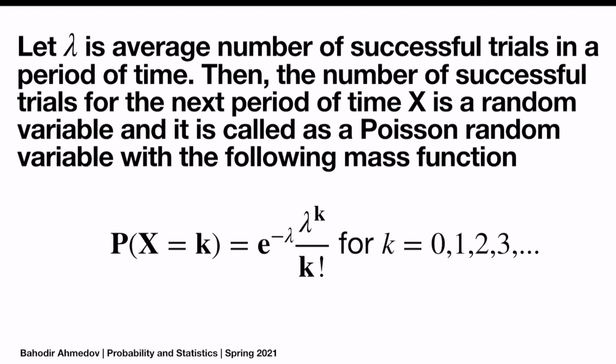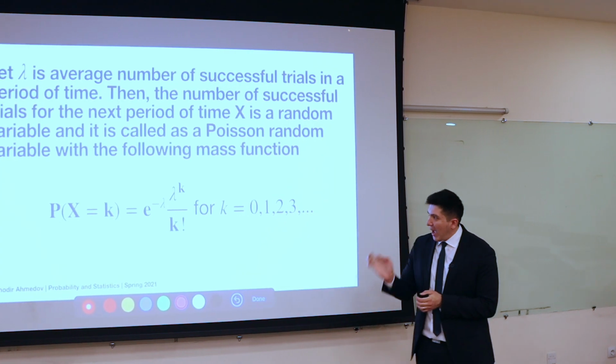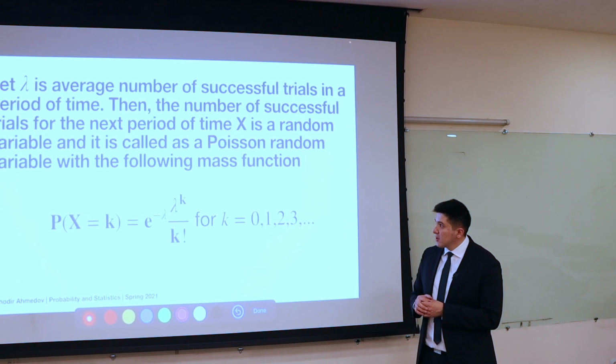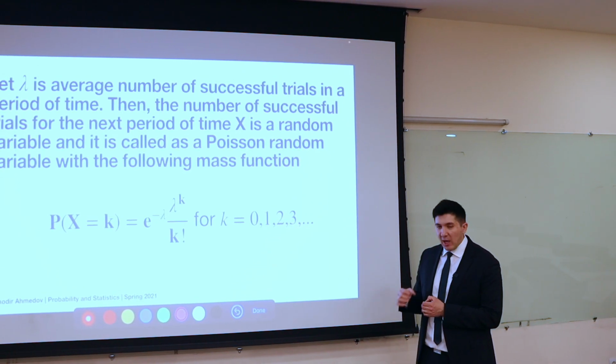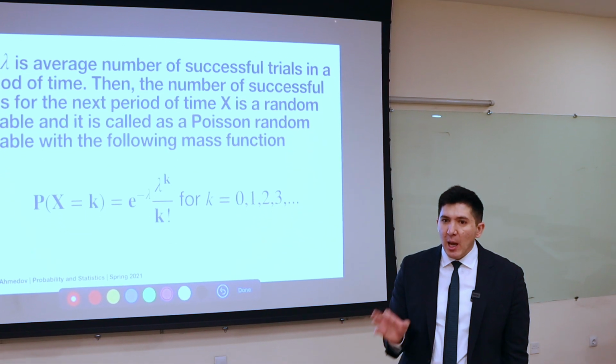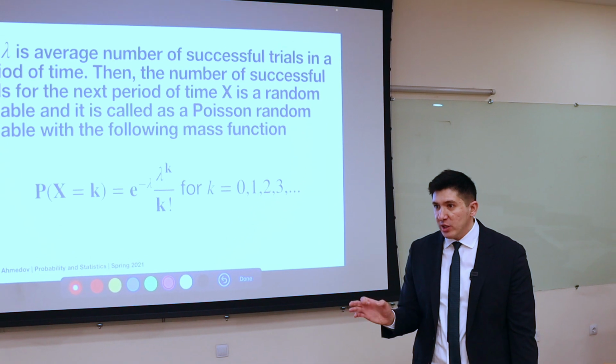When you are given the number of some events happening in some period of time, and you would like to evaluate the probability of another number of events in the same period, we use the Poisson distribution. The probability of having k successful trials is e to the power of minus lambda times lambda to the power of k divided by k factorial. And you should always know that the Poisson distribution is the approximation of the binomial distribution when n is large and p is small.